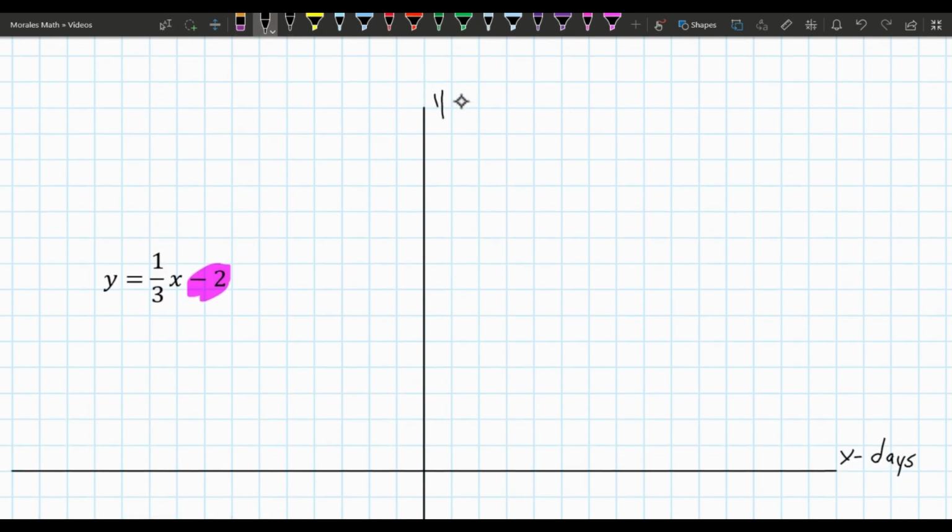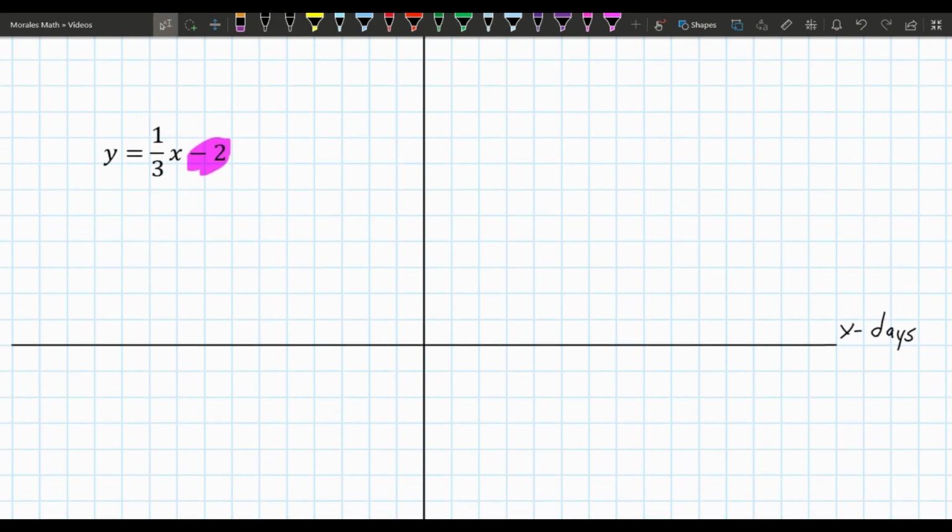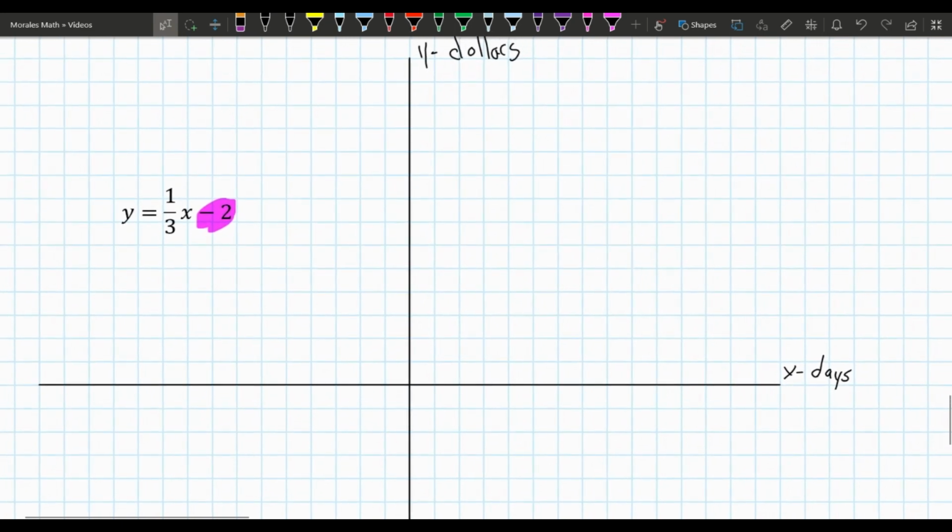All right, and Y is going to be our dollars. Okay. All right. So on day 0, the y-intercept, we're already at a hole of -2. Okay, on day 0, -2.